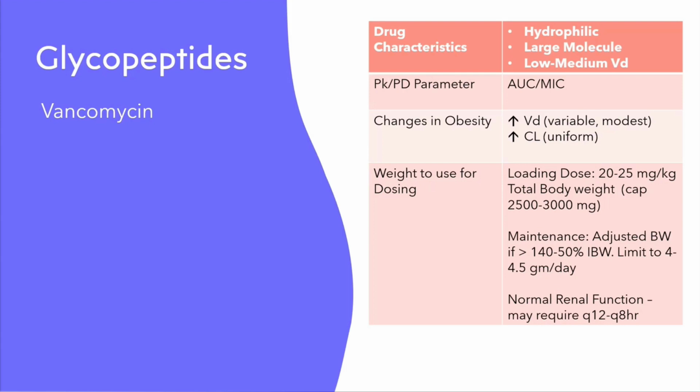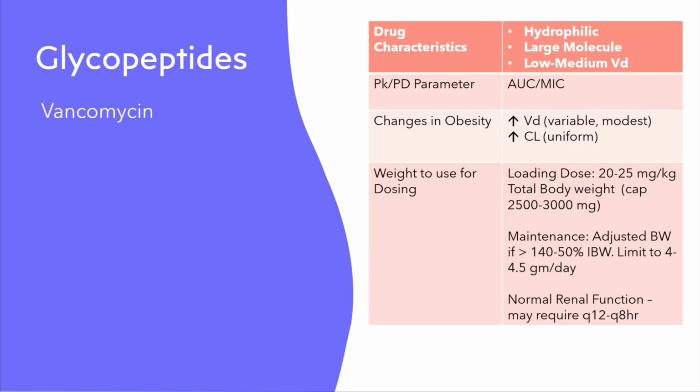But ultimately, we're probably going to be limited by simple dose capping at certain thresholds. So usually we see recommendations for loading doses of 20 to 25 milligrams per kilogram, certainly in critically ill or septic patients. And usually you will reach that cap using total body weight around 2,500 to 3,000 milligrams.